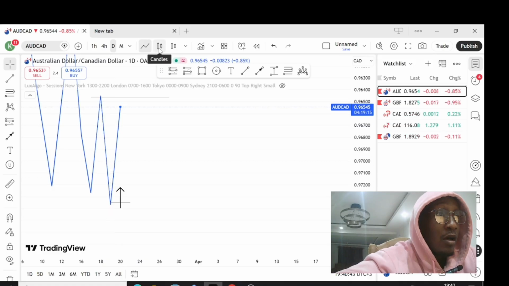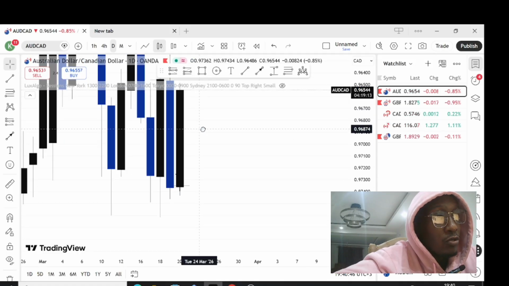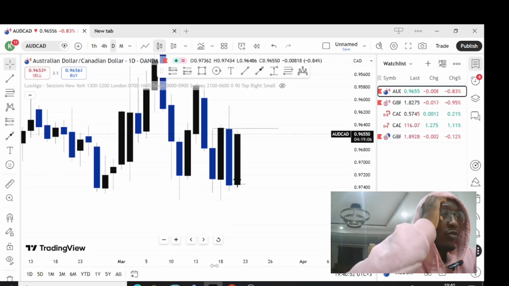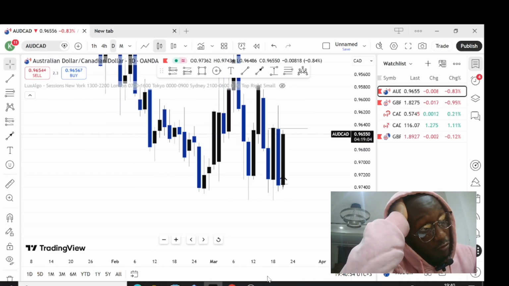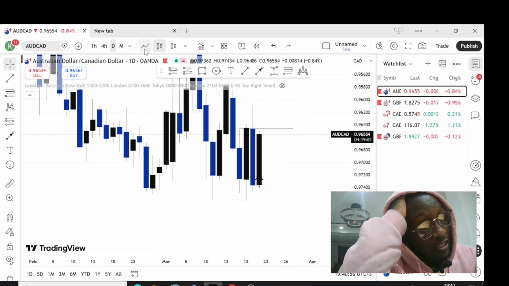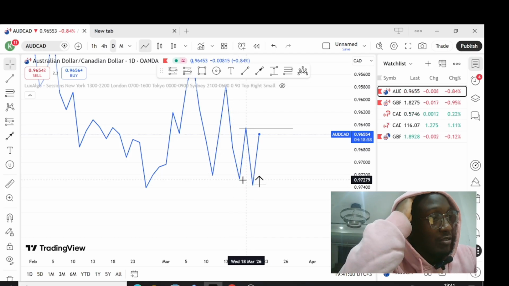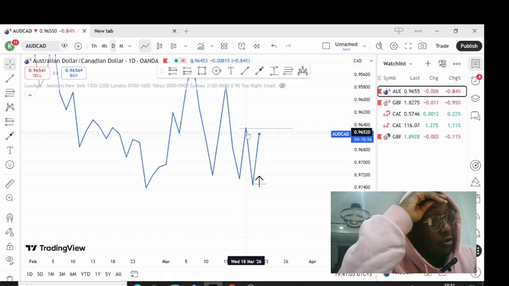You can also use candlestick patterns, and the majority of people trade with candlesticks, but when you use the line graph, it gives you the correct places where the market is turning or heading upwards.